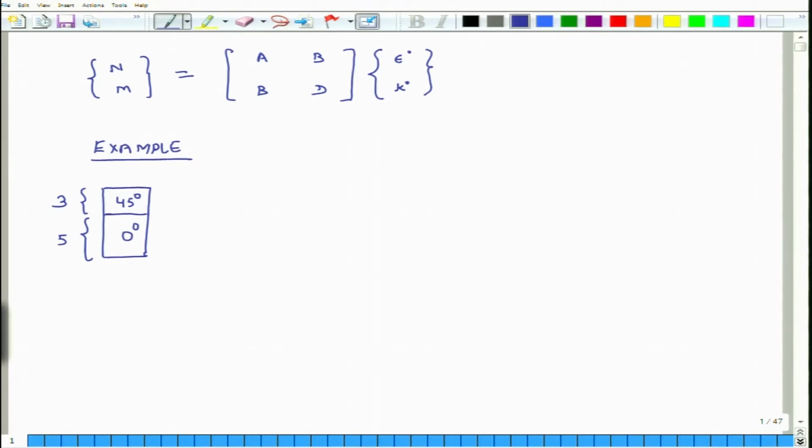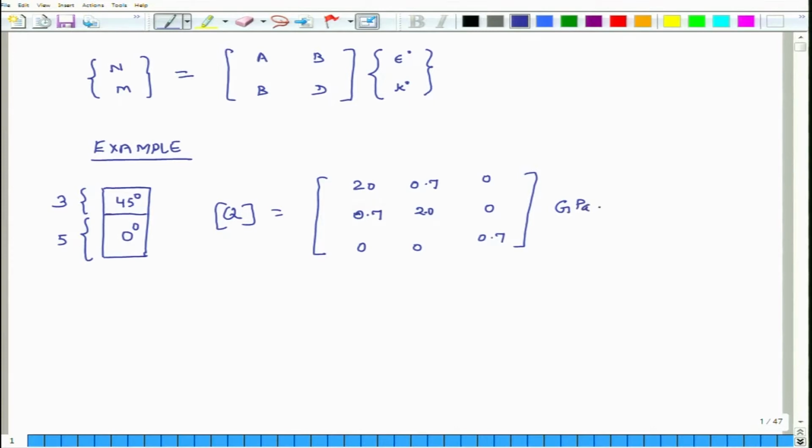The material in both the layers is the same, so the material properties are the same, which means that the Q matrix for both the layers is the same, and the values are given here. It is 20, 0.7, 0; 0.7, 2.0, 0; 0, 0, 0.7.